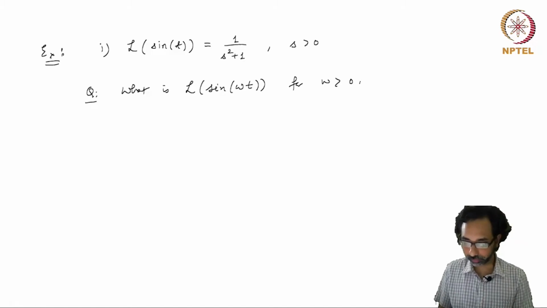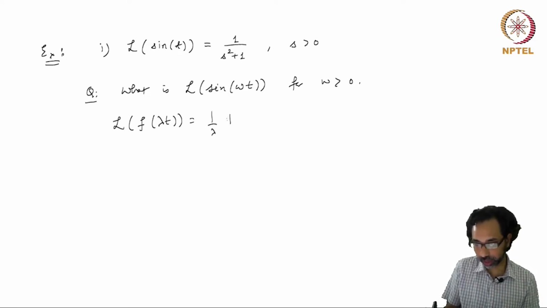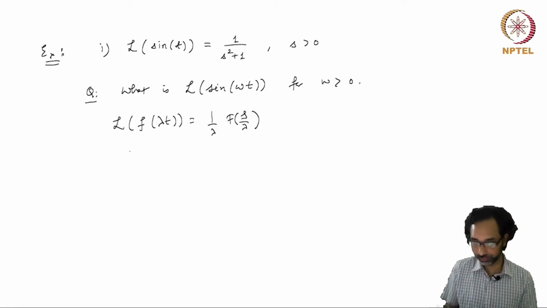We have seen that the Laplace transform of f of lambda t is 1 over lambda times F of s over lambda, and we can simply plug in lambda to be omega and small f to be the sine function.